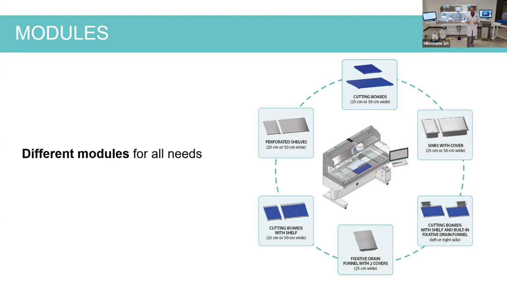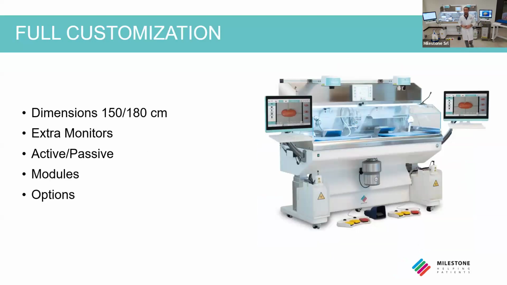But not only the working area, also the grossing station itself, because this one that you see behind me is 180 centimeters long. That is for double operator. But we also have the 150 centimeters long, which is for single operator. Moreover, there is the possibility to mount monitors over the top here.